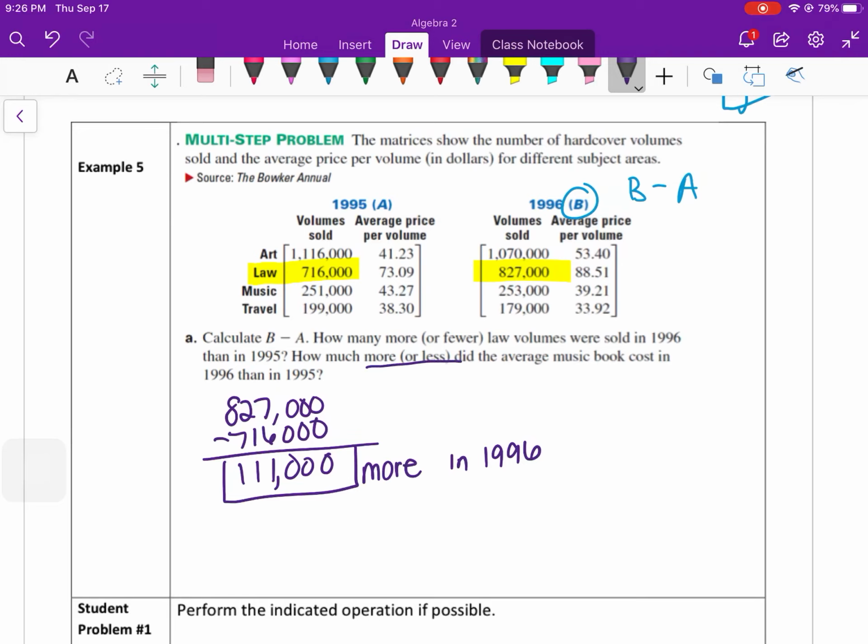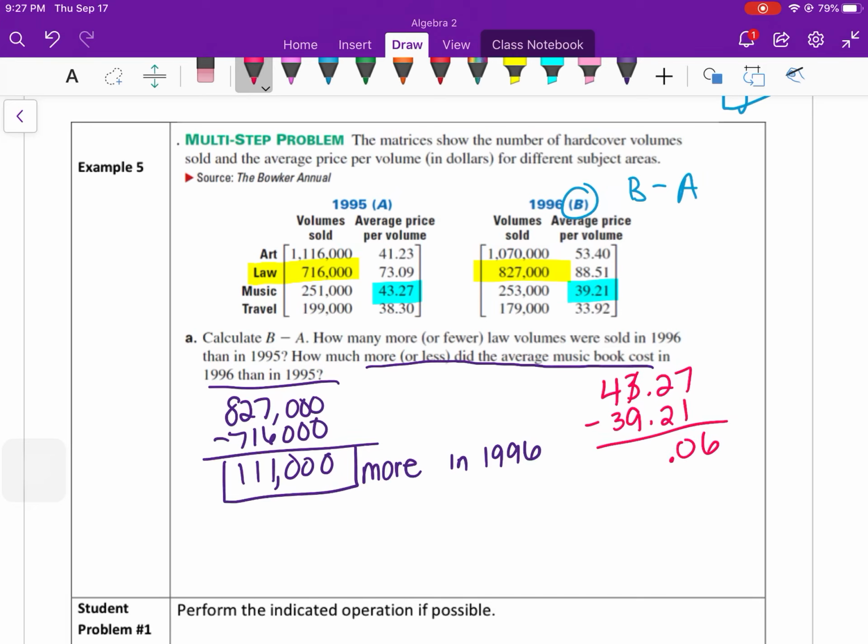Okay, so how many more or less did the average music book cost? So the music is row 3, the cost is column 2. So row 3, column 2. So 43.27 minus 39.21. $4.06.